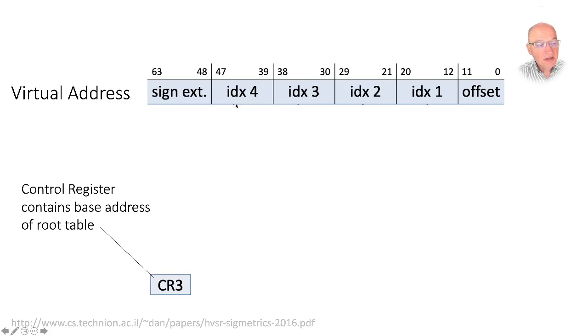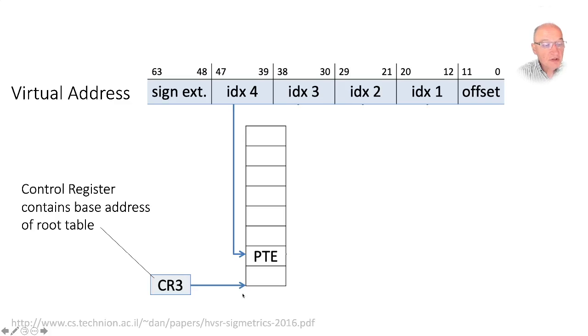And the way I'm going to access the page table is that there will be a control register that contains the base address of the root table. So I access the root table using as an offset only these bits from the virtual address. That will give me a page table entry.